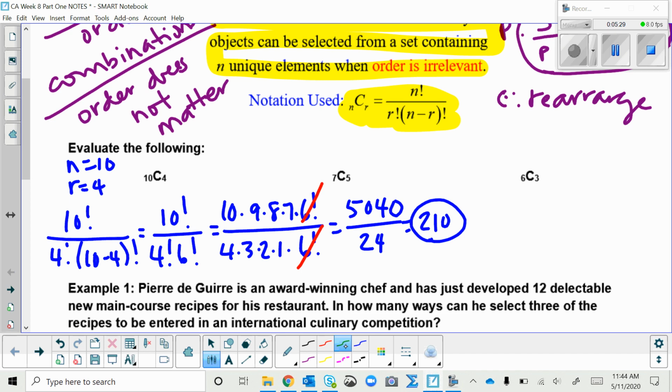One thing I like to do, so now going back to this step, if you don't want to multiply across the top and across the bottom, you can also simplify at this step. You could do something like this. You could say 9 divided by 3 is 3. 8 divided by 2 is 4. You could even, the 10 over 4 right here, you could simplify to 5 halves.